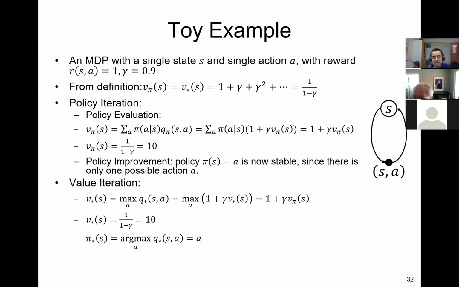This is a geometric sum and turns into 1 over 1 minus gamma. You can do policy iteration by first doing policy evaluation, plug in the equations, you get V equals 1 plus gamma V. You can solve for it to get 1 over 1 minus gamma.